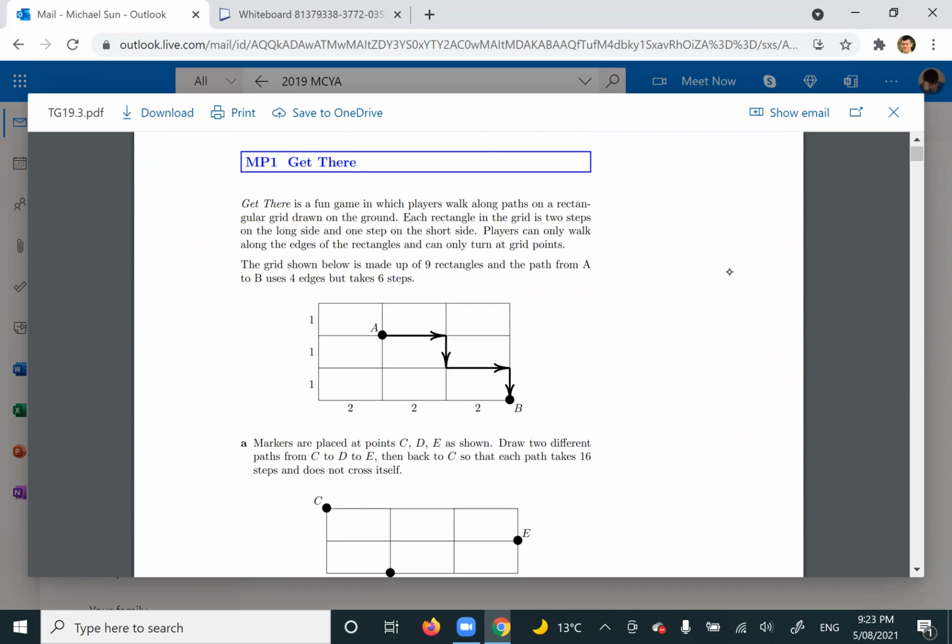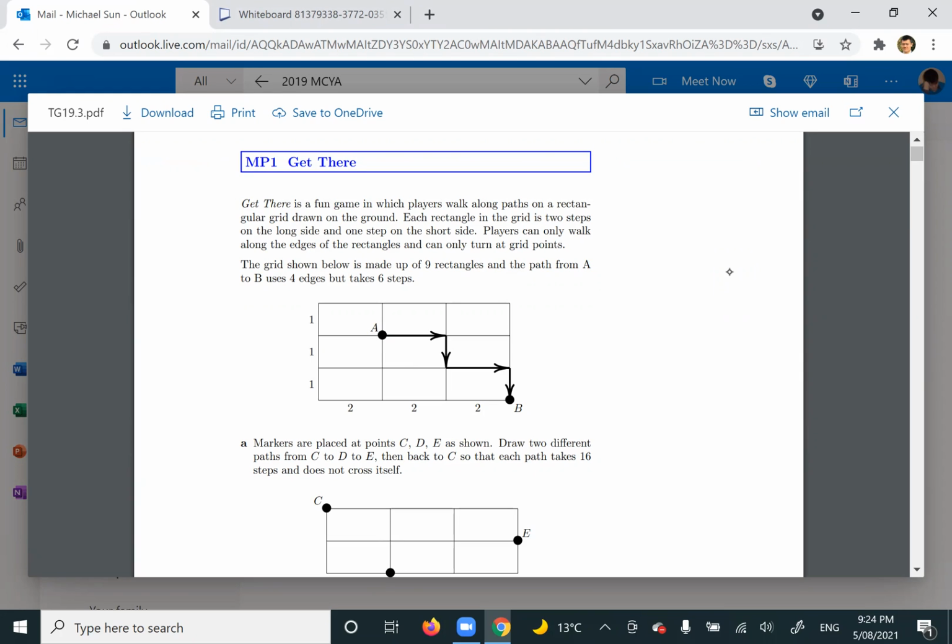It's called Get There, okay? Can you read it? Yeah. There is a fun game which players walk along the path in a rectangle grid drawn on the ground. Each rectangle in the grid is 2 steps.